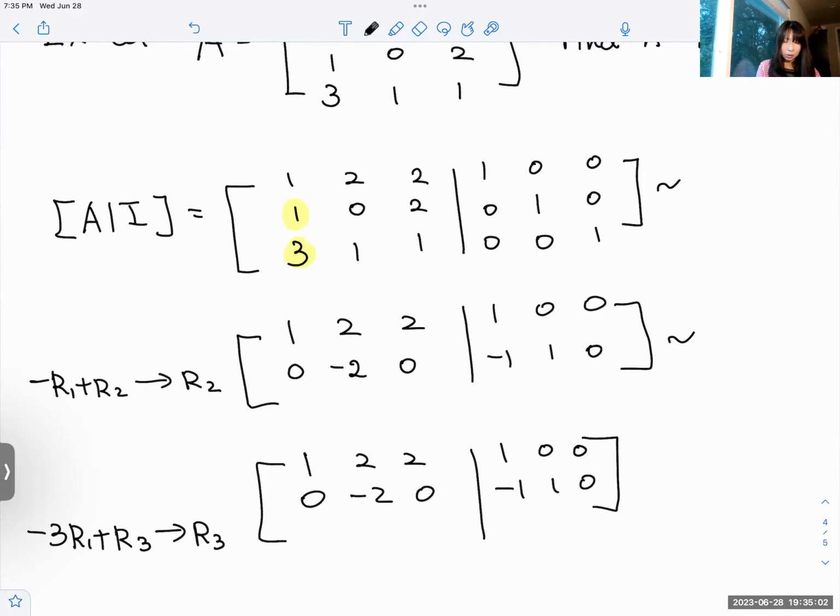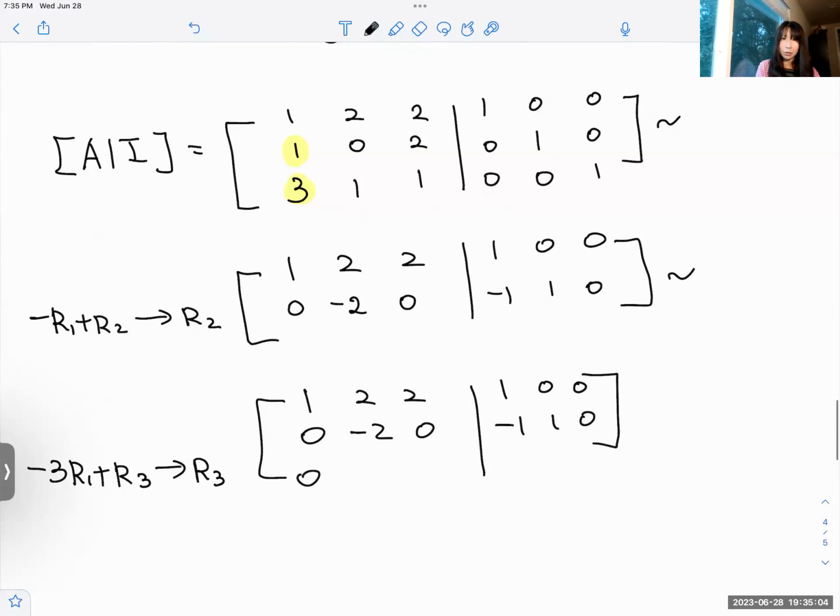Negative 1, 0. So, okay, let's see. This is 0, negative 5, negative 7, negative 3, 0, 1. Please correct me if I make a mistake.